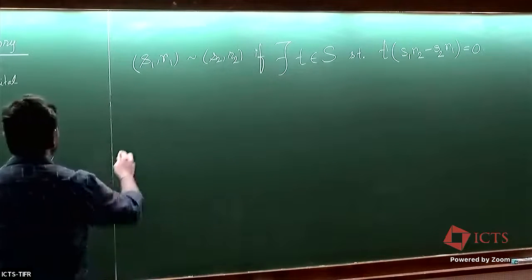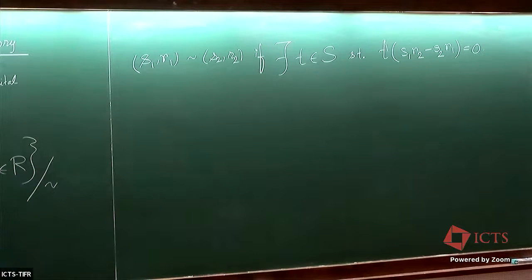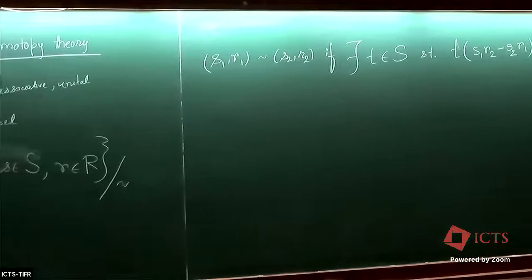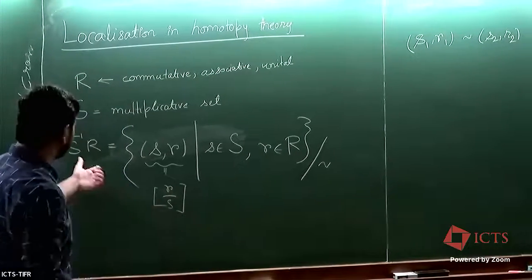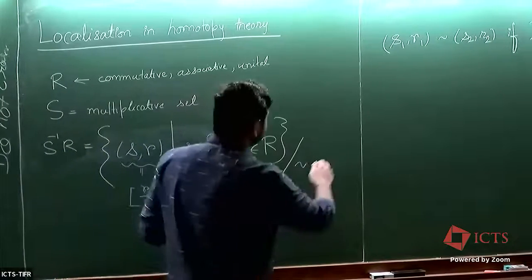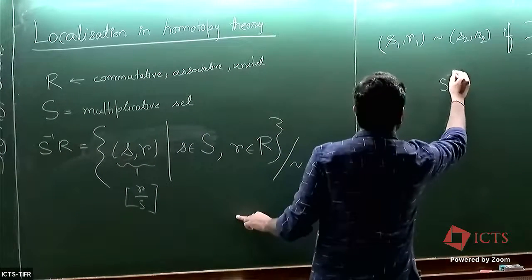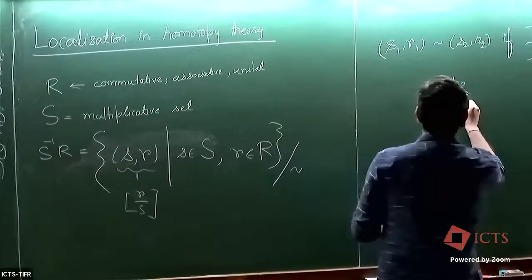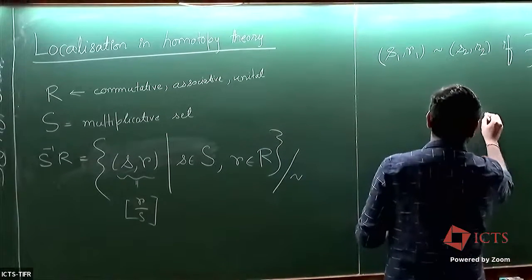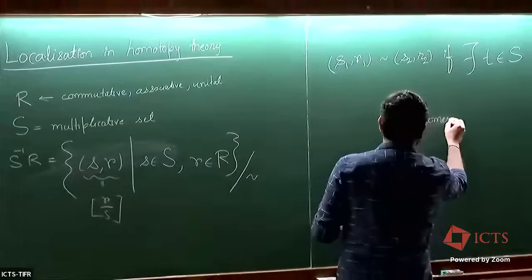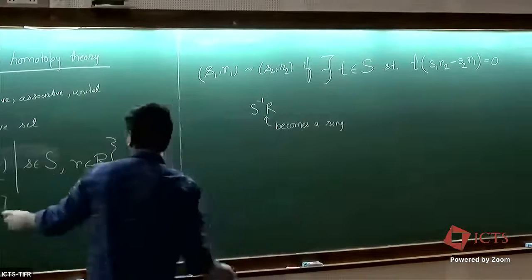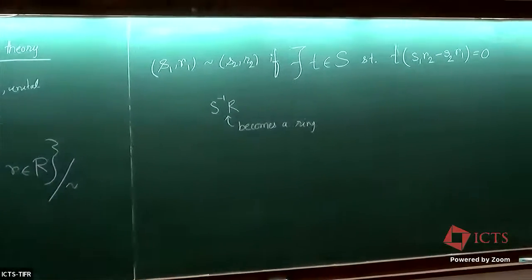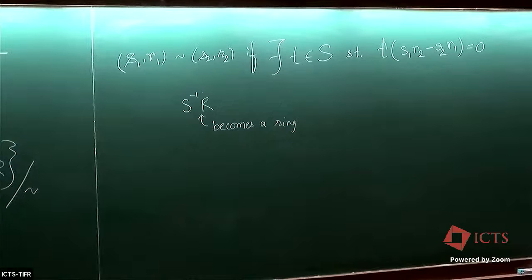We'll denote these pairs for convenience like r by s. So s is inverted in S inverse R. And we can see S inverse R becomes a ring, where multiplication r1 by s1 times r2 by s2 is the same as r1 r2 by s1 s2.